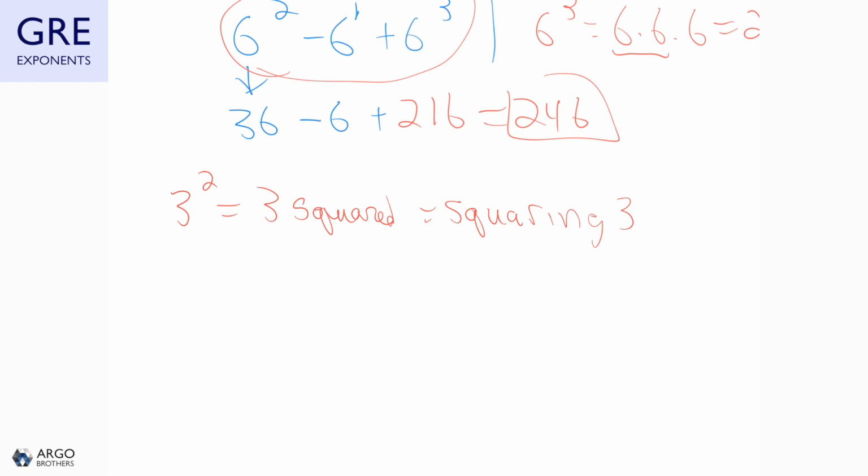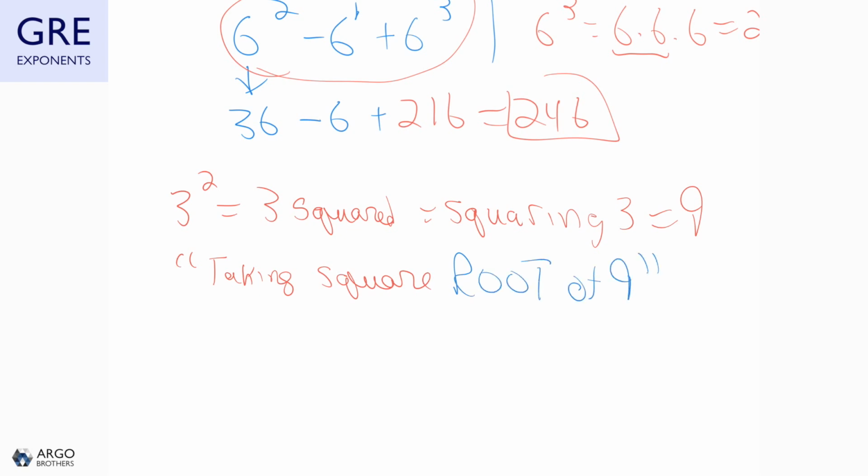And now, what if we wanted to go backwards? We know that 3 squared equals 9, so I'm going to write a 9 here. But what if we wanted to do something called taking the square root? I'll write this root in blue, taking the square root of 9. So taking the square root of 9 is doing the opposite of taking the square of 3.